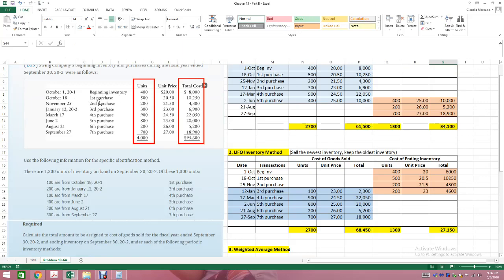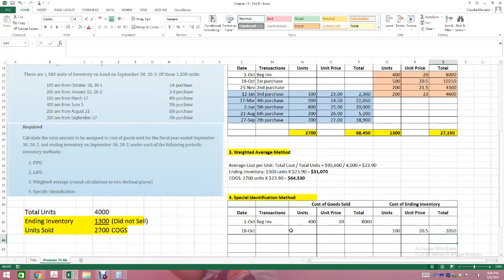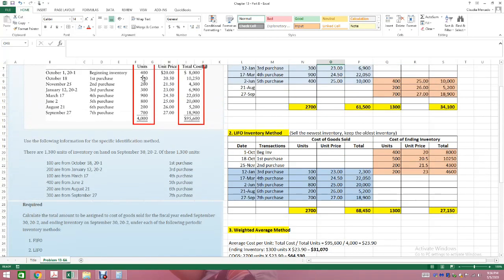So we said on October 18th we had 500 units. We did not sell 100. So that means that you sold 400. Okay? 400 that you sold plus 100 that you did not sell gives you your 500 up here. So you have to be looking at every purchase and identify, from the 500 units from the first purchase, how many did I sell?